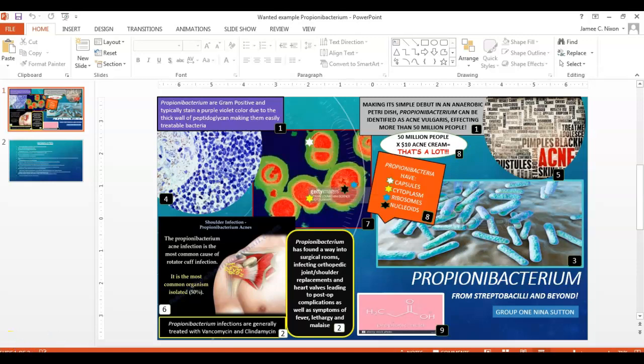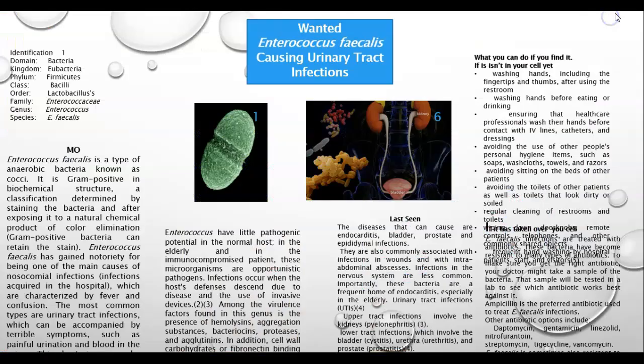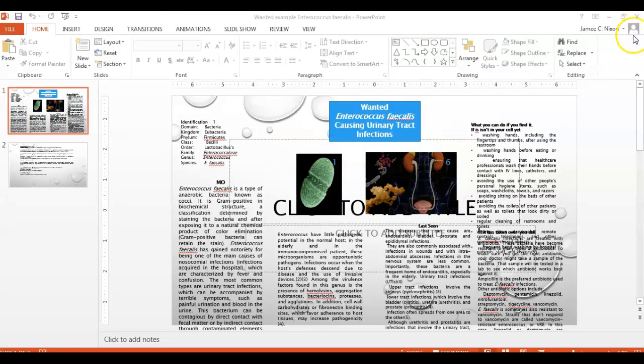But this one has a lot going on, a lot of information. So those are some examples for you. I could possibly provide some more examples, but this gives you an idea.